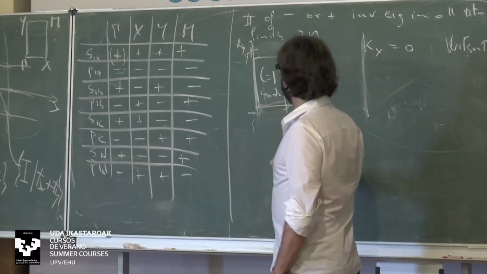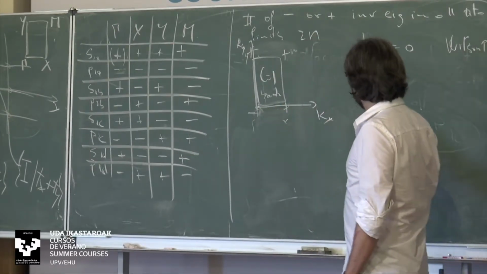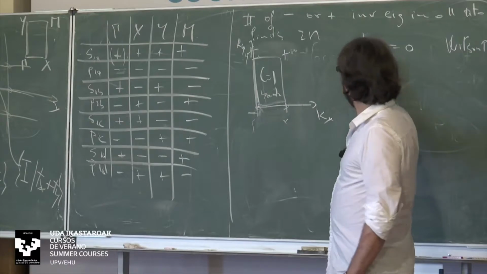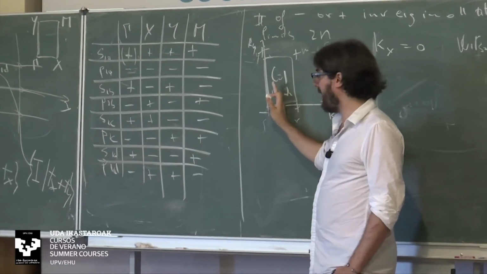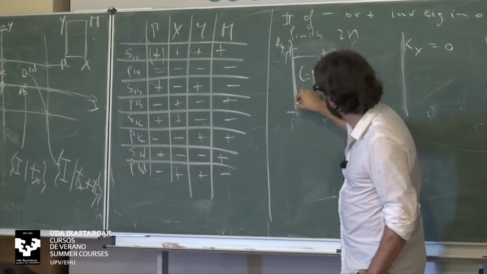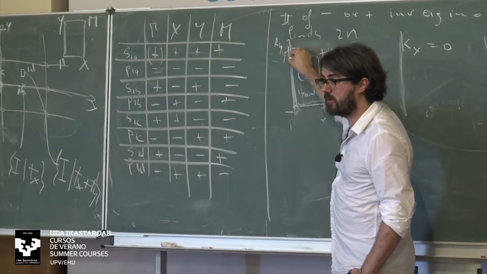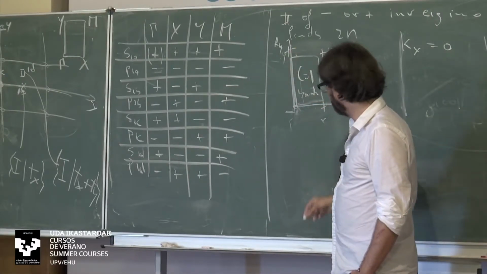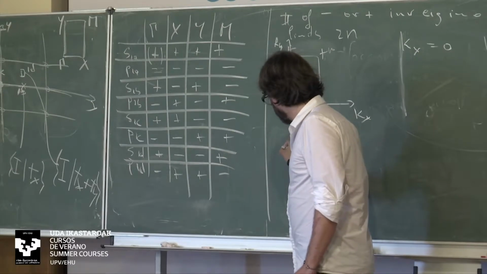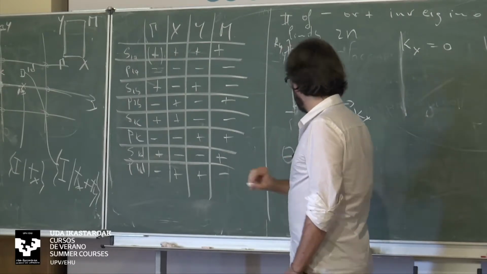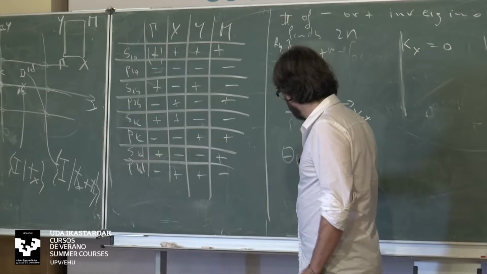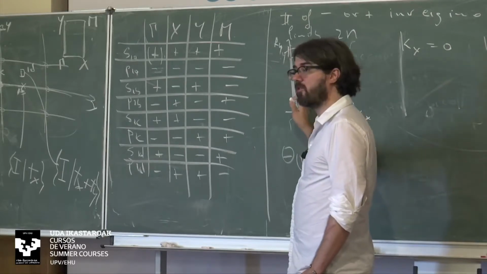So what I'll plot is the Wannier center in the y direction for every kx. I'm going to plot the eigenvalues of the Wilson loop in the y direction as a function of kx, because I have a quantum number.